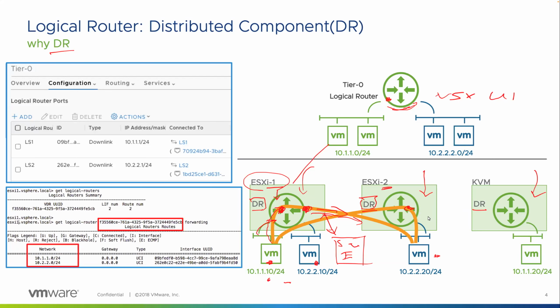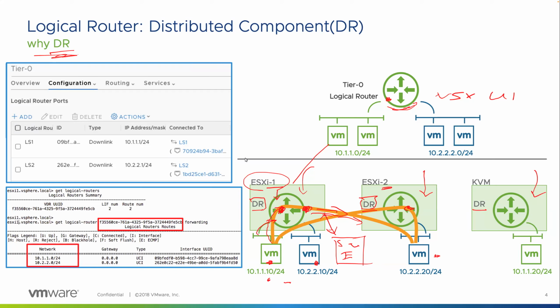Just remember this rule of thumb: the closest DR will be chosen for traffic forwarding or routing. So you can see that the two directions of traffic will choose different DRs. Okay, that's what the DR is all about.